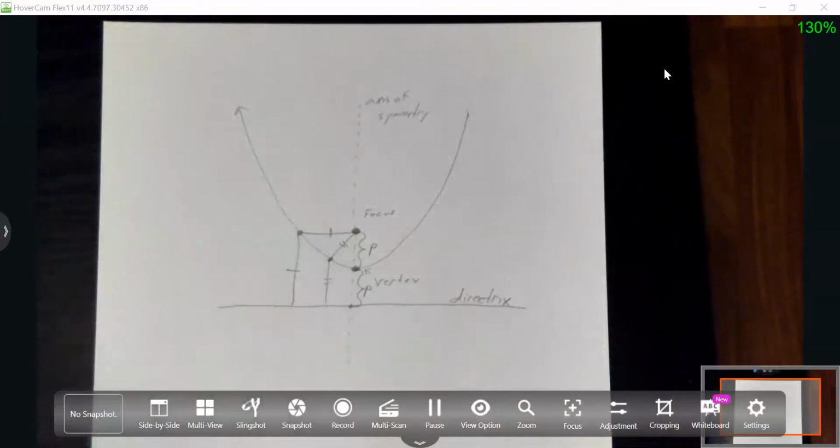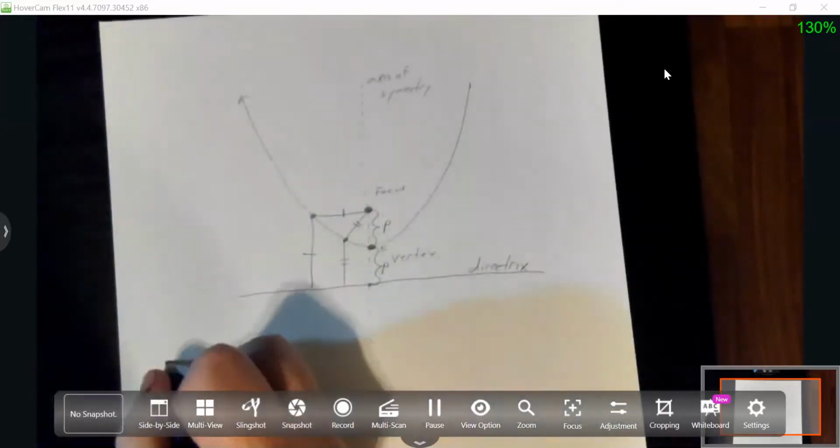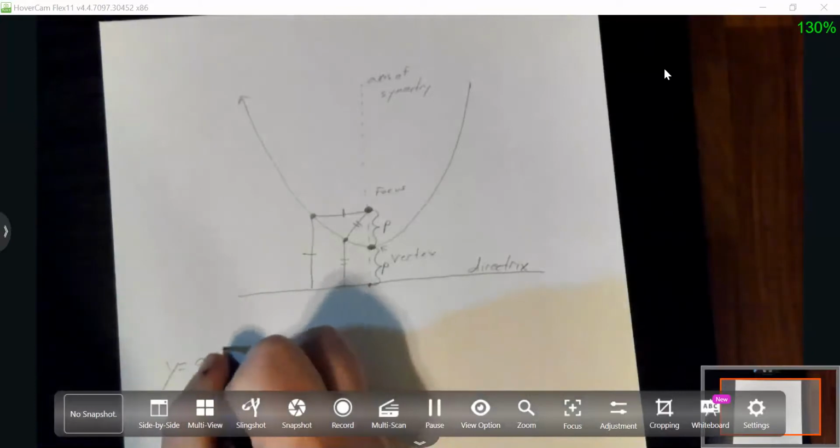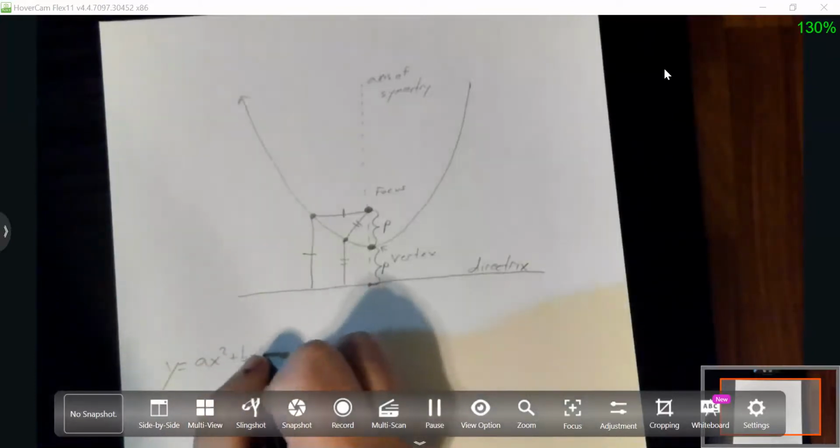So we're going to look at a new version of our basic formula for parabolas. Our new standard form is going to look a little bit different. We've had a whole bunch of different equations. We've had our standard form, y equals ax squared plus bx plus c.